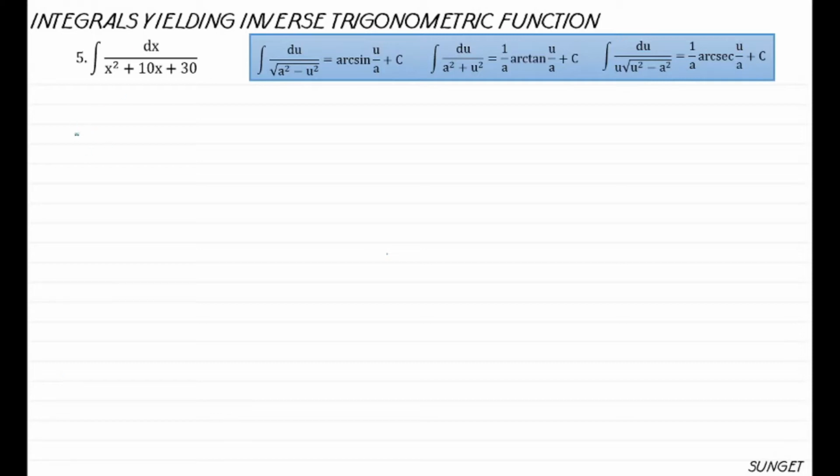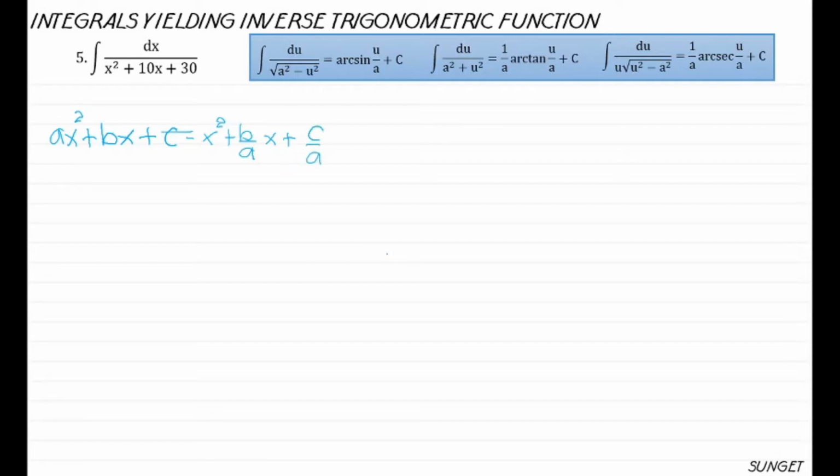In this method, we take the quadratic expression ax squared plus bx plus c. Next is to divide all terms by the coefficient of x squared, which is a. So we have x squared plus b over a x plus c over a.